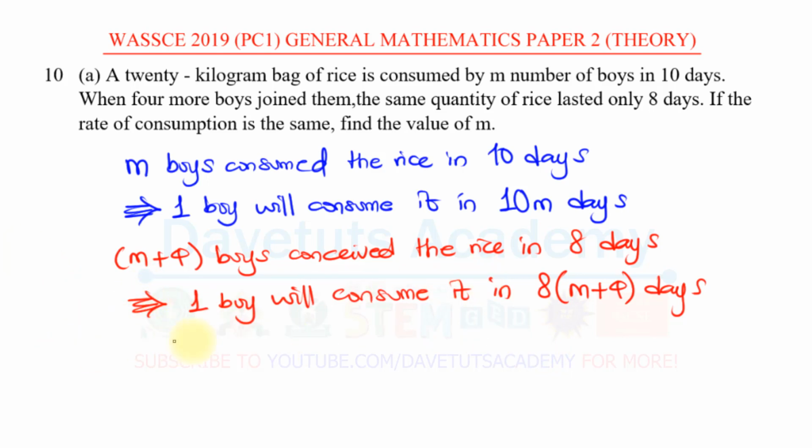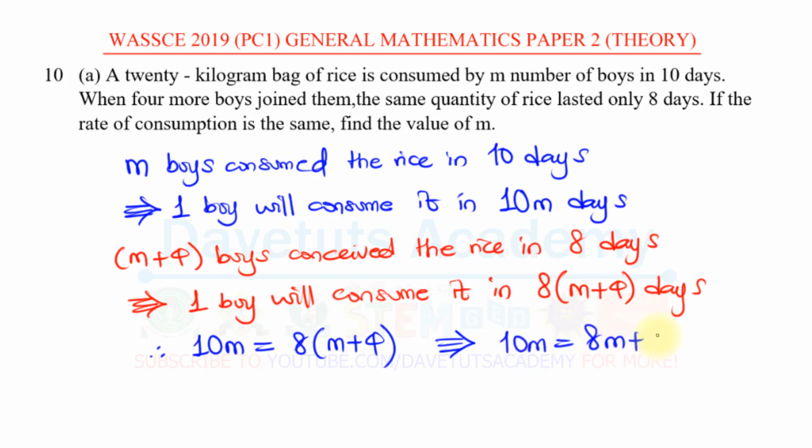So since the rate of consumption is the same, we can say therefore 10M is equal to 8 into M plus 4. And that will lead us to say 10M is equal to 8M plus 8 times 4, which is 32. To solve that, we take 8M to the other side so that we have 10M minus 8M is equal to 32, and that will lead us to say 2M is 32.